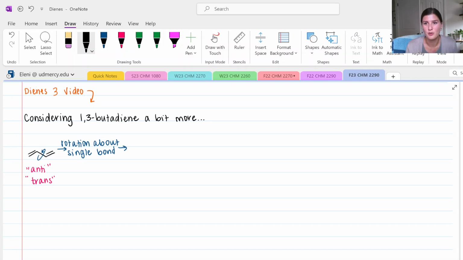Now this is kind of difficult to draw, but I have a picture I'll show you in a moment that shows it a little better. But you might imagine the single bond in the same place. Now let's say we have the double bond on the right side in the same place, but we've started rotating the other double bond so that it's kind of coming towards us now.